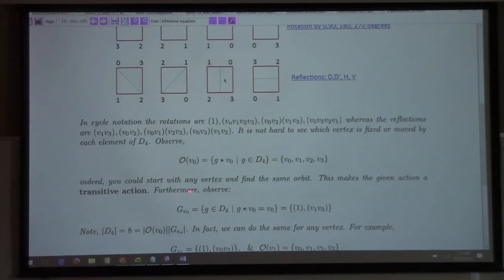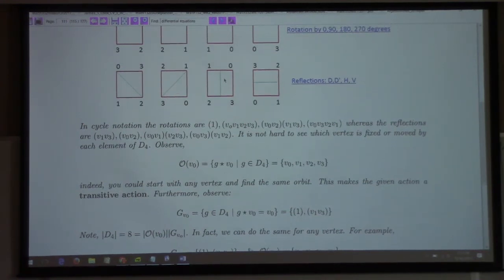What's the stabilizer of the zeroth vertex? Which group actions keep V naught stabilized? Identity and reflection. Let's see. Identity, I'll totally agree with. And what's this V1, V3?